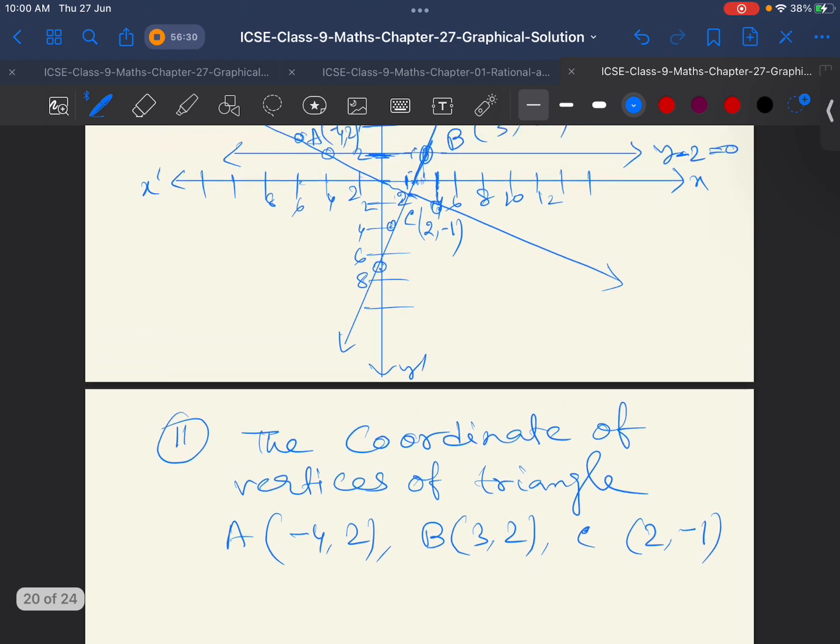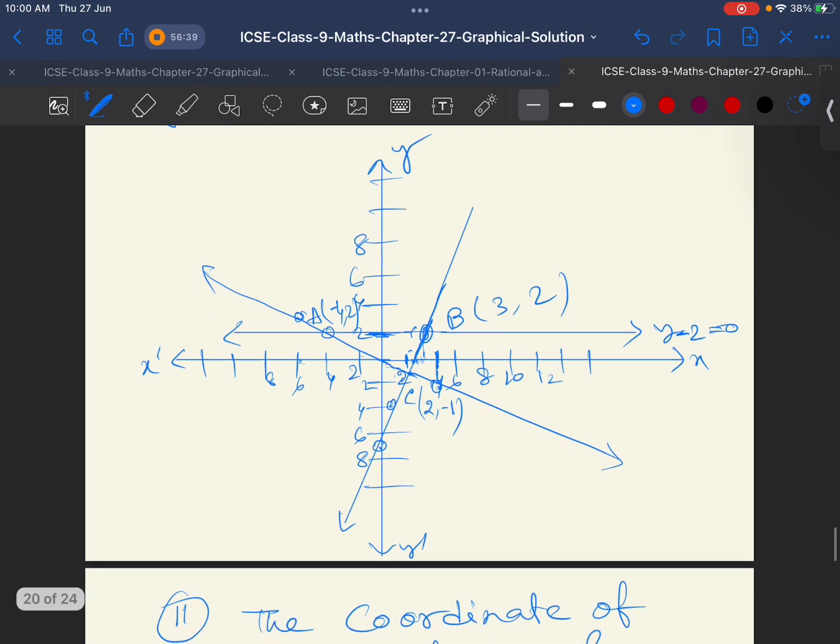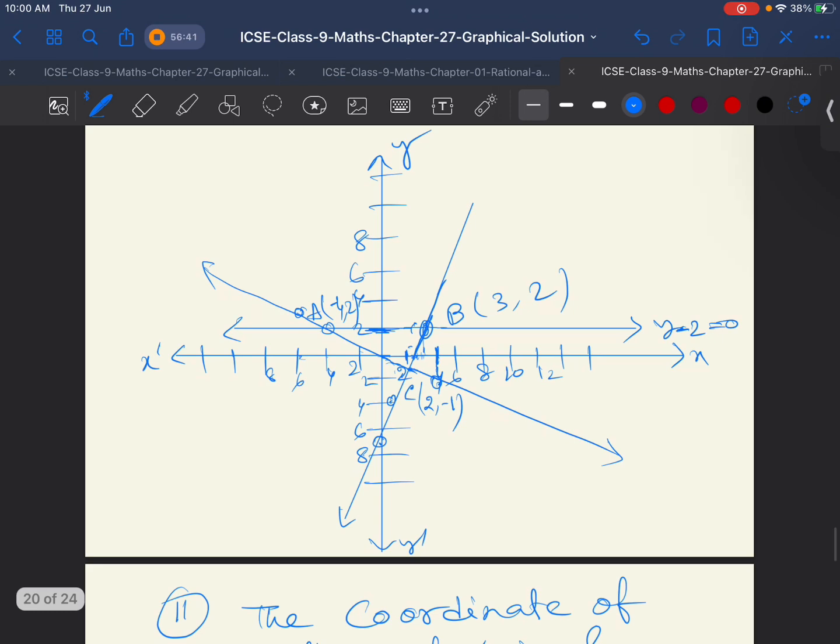Okay, now we have to find the area of the triangle. Look, this is the triangle ABC. To find the area, we need the base. Here the base is AB and the height is here, this is C and this is D.